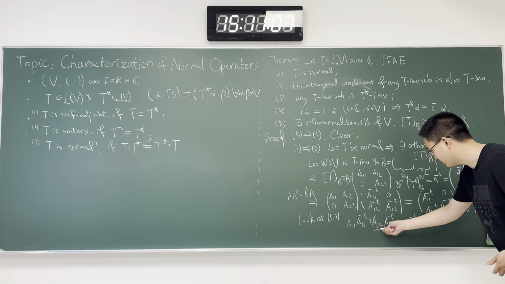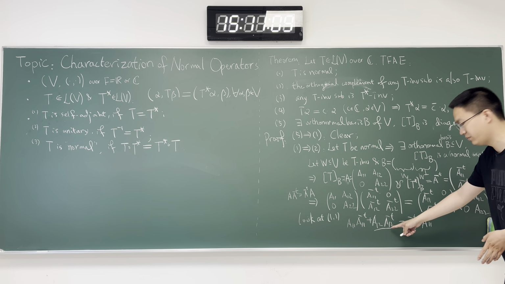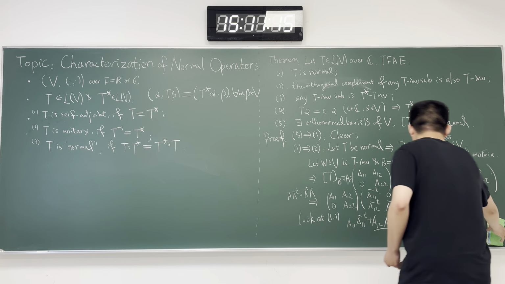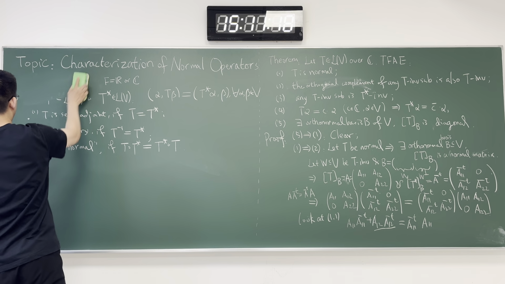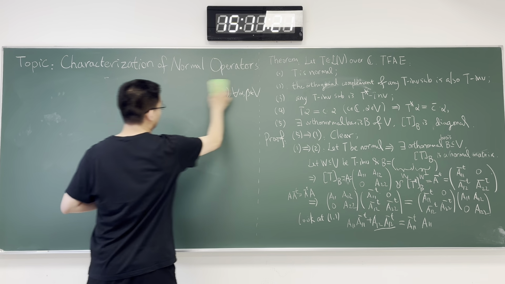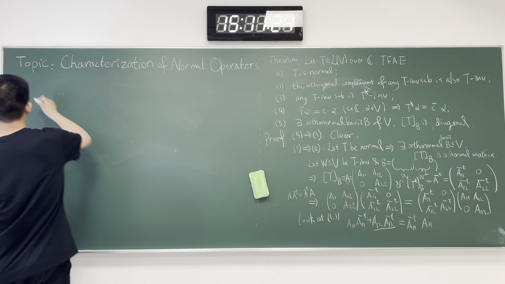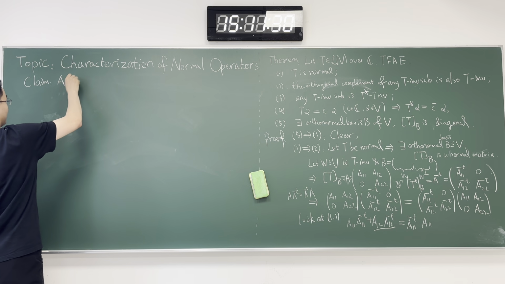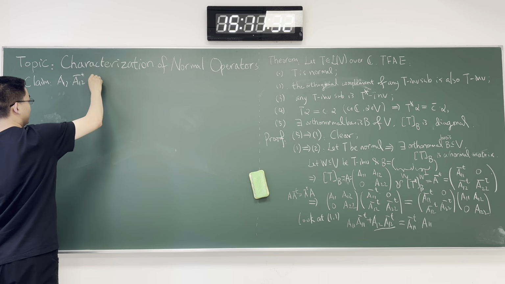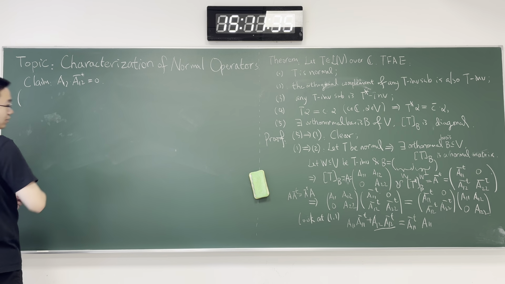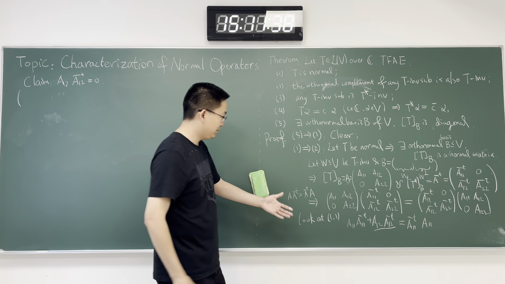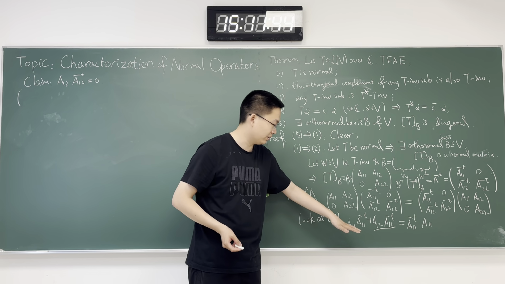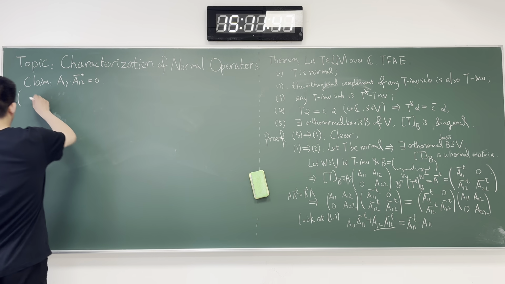So I claim that this extra term here should be 0, why? Let me explain it. A12 times A12 conjugate transpose is 0. Why? The advantage of a finite dimensional vector space here is that we could take the trace of both sides.